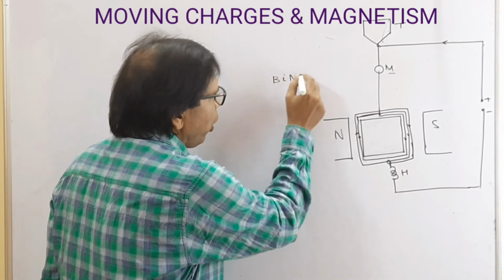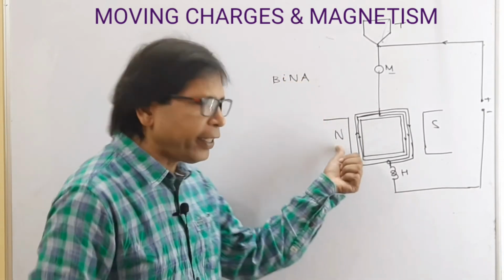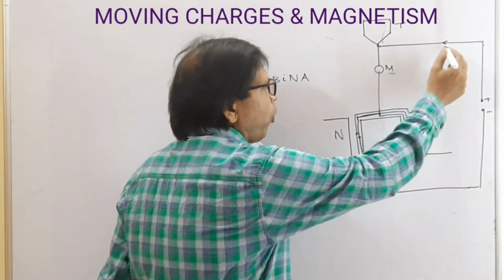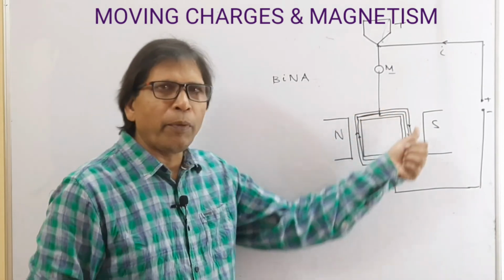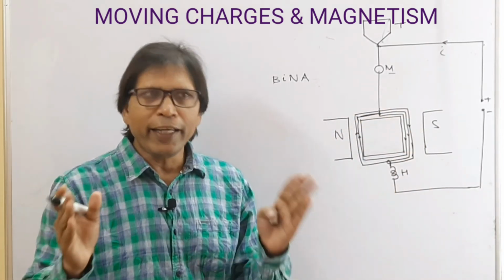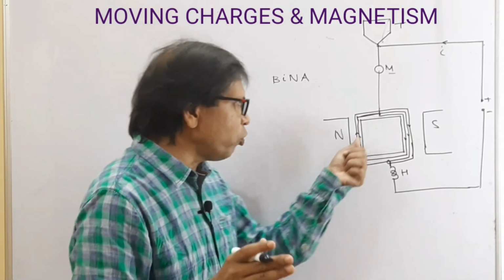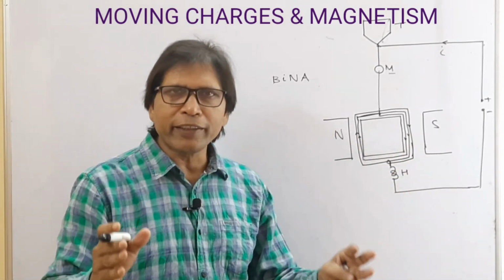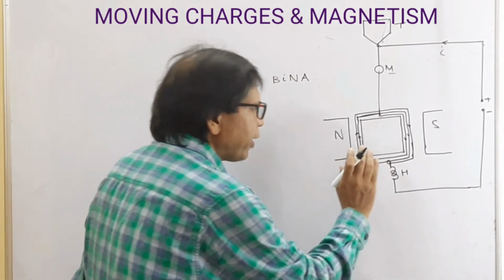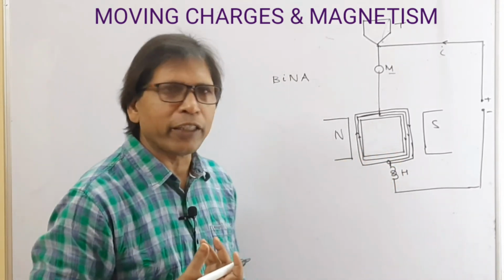Now when current passes through the coil, the torque produced in the coil is BINA, where B is the strength of the magnetic field, I is the current through the coil, N is the number of turns, and A is the area of the coil. Here theta is equal to 90 degrees because the magnetic field is radial. Due to this torque, the coil starts rotating.